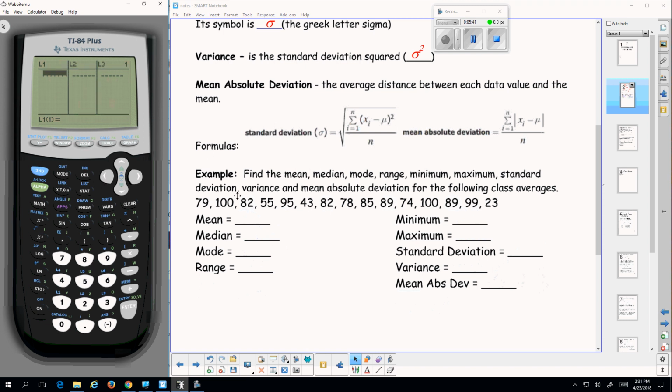Now what we're going to do is in list 1, we're going to type in our numbers. So I'm going to type in 79 and hit enter. Then I'm going to type in 100 and hit enter. And I'm going to do that for all of them. So go ahead and do that.